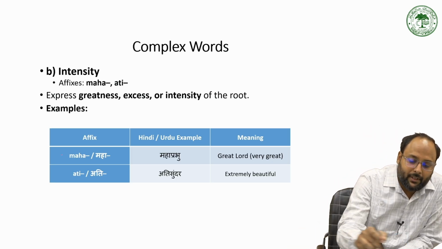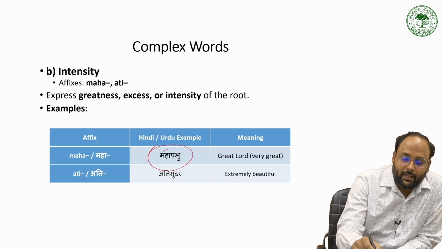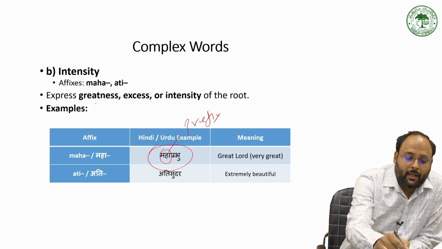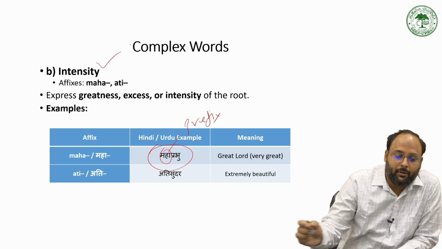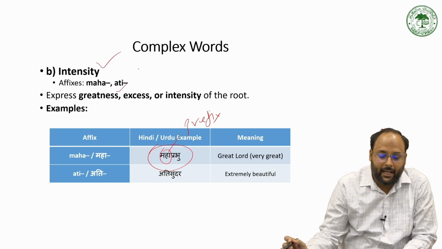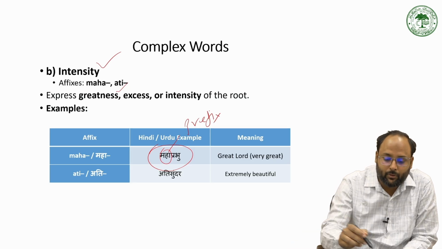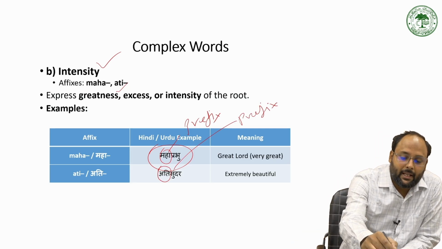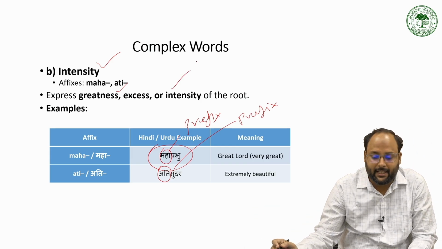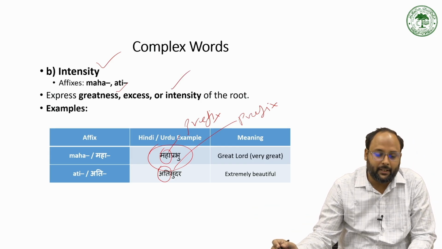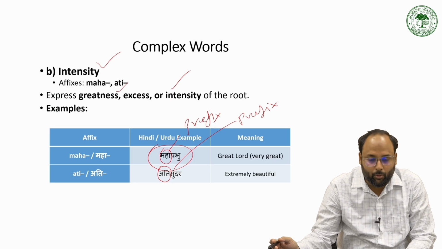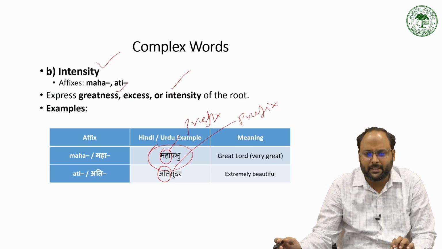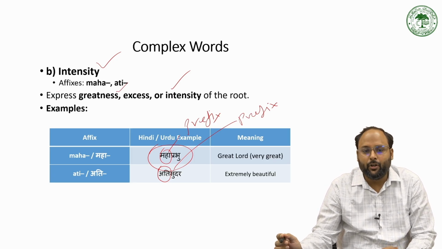In Mahaprabhu, maha is the prefix which gives the meaning of intensity, with the meaning of greatness. In ati sundar, ati is the prefix which gives the meaning of intensity or excess. That is why some affixes in Urdu and Hindi give the function of intensity in complex words.